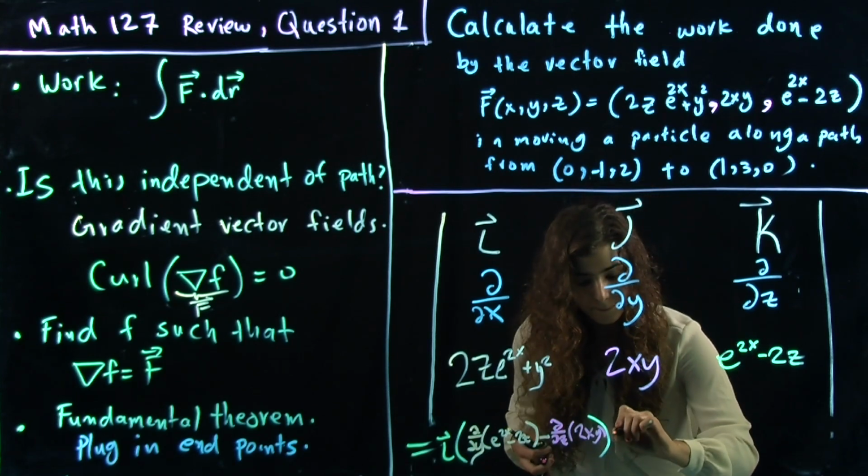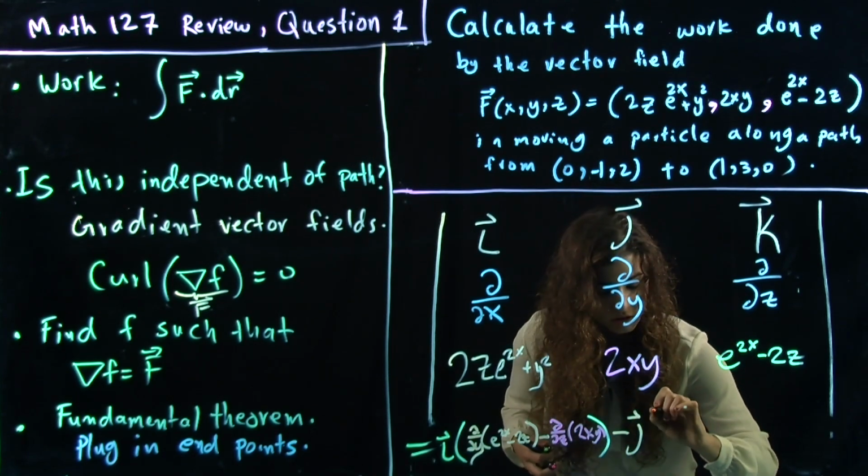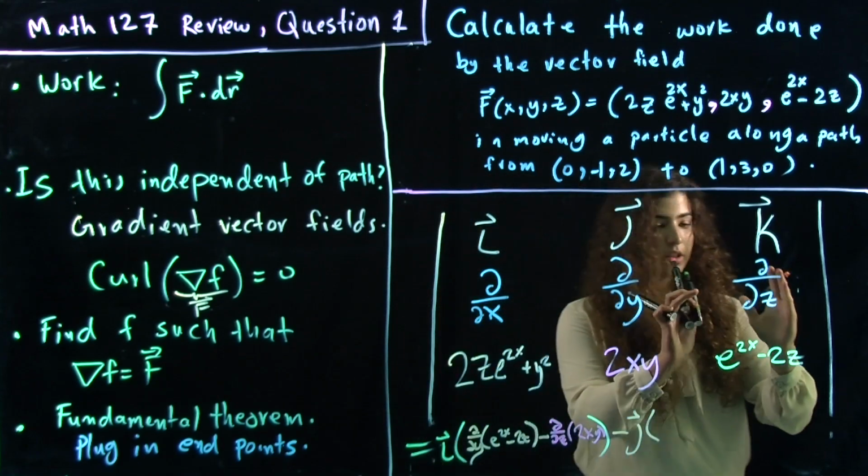And then we have our minus j, and you're looking at this part and this part.